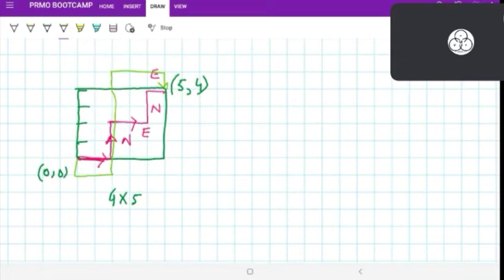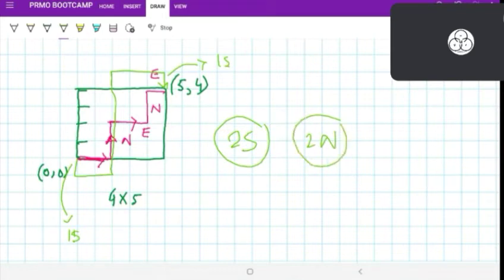Because here you can see that I am going 1 unit south, and again here 1 unit south. 2 souths are extra. So obviously to balance them we need 2 extra norths. So this is not a shortest path.